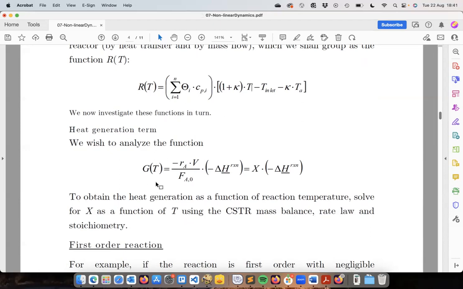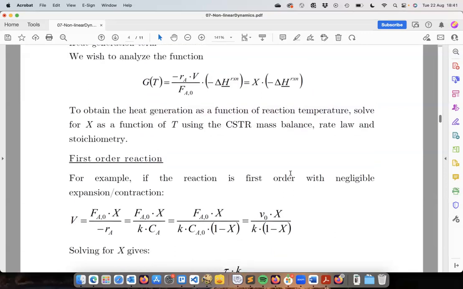Now let's look at the heat generation term here. So we said we have RAV over FA naught and the heat of reaction. And we said RAV equals FA naught. So if we are dividing by FA naught, then we've got the X here. So that's our heat of generation term.